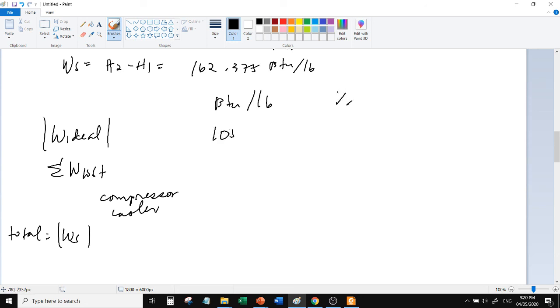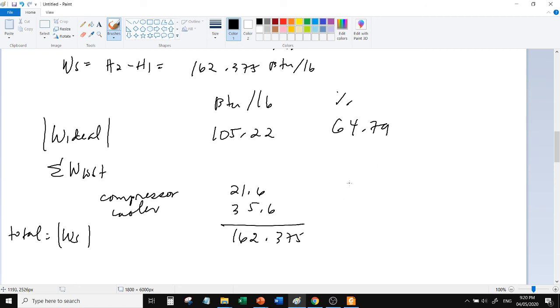So, first the ideal work, then the compressor, then the cooler. When you add them, it should equal the total, the work shaft we got, which is true. That really is the sum of the three. So, in terms of percentage, 13.3, 21.9, for a total of 100.